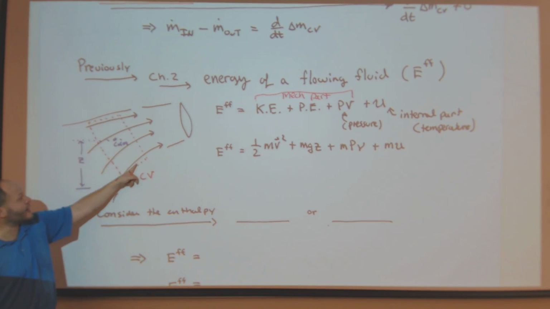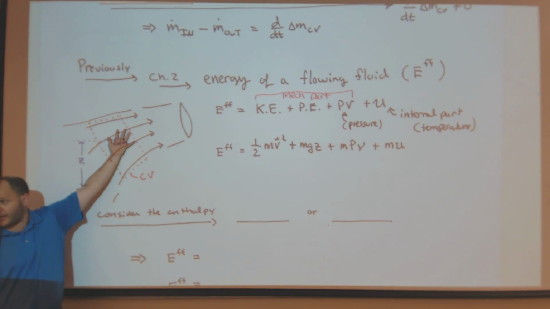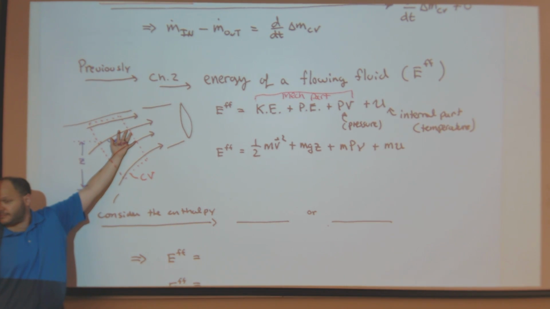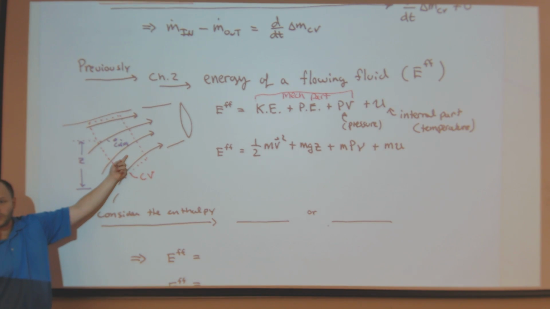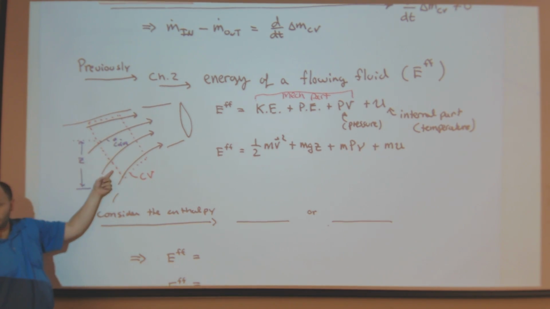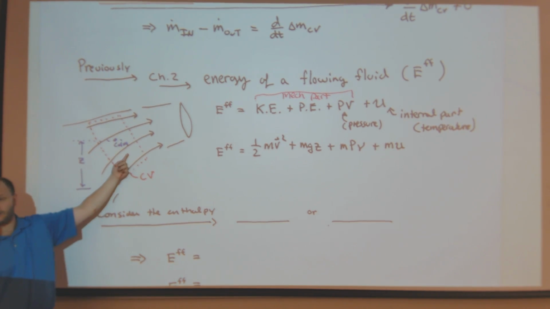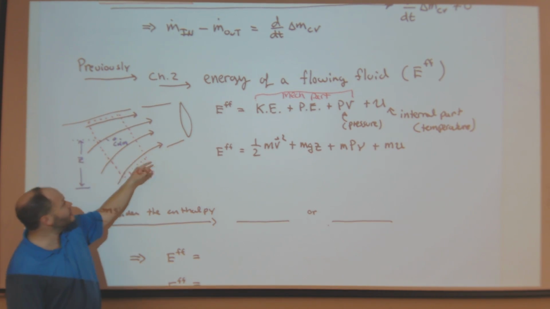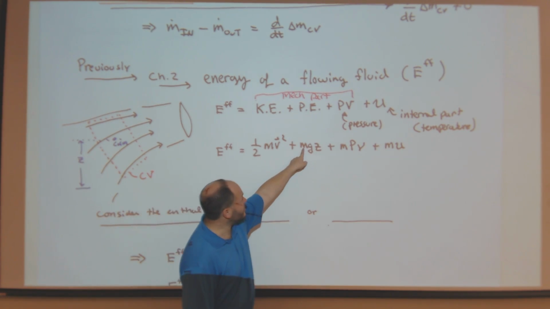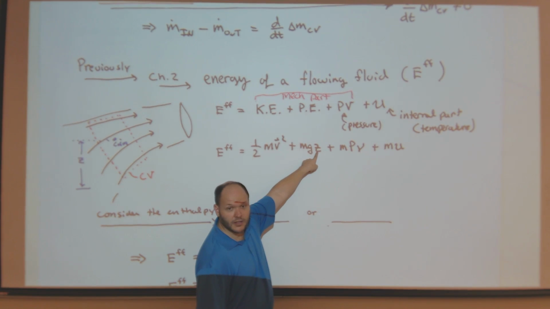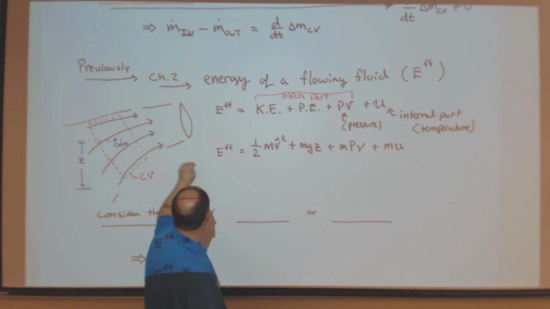I can do an integral over this control volume, and I can calculate the total mass within it. With constant density, all I need to know is the volume. Say this is 1 centimeter cubed, and I know the density. I can just multiply the density times 1 centimeter cubed and I get the total mass. Or I can do an integral over it. So I have the mass, gravity, z, center of mass. So I have a potential part.